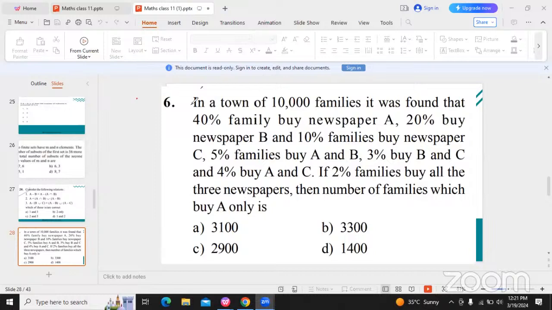In a town of 10,000 families, it was found that 40% of families buy newspaper A, 20% buy newspaper B, and 10% buy newspaper C. So, shall we start?